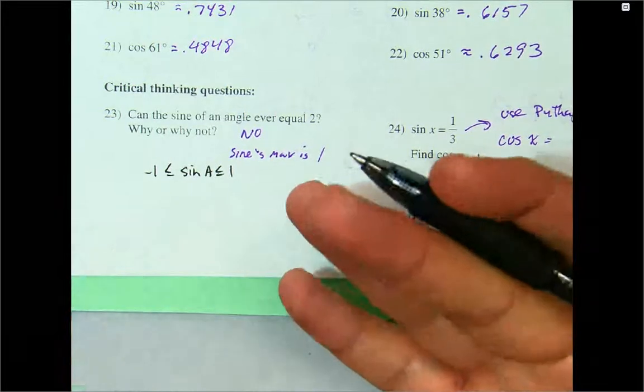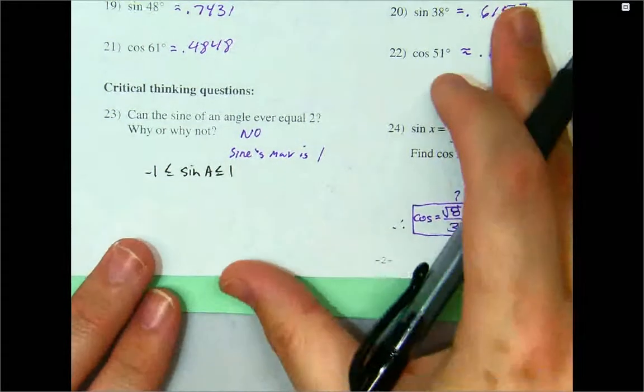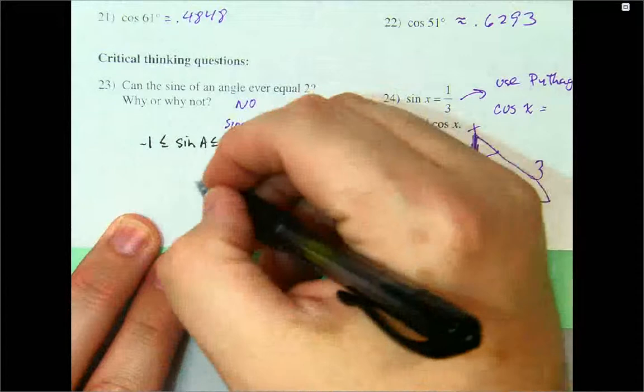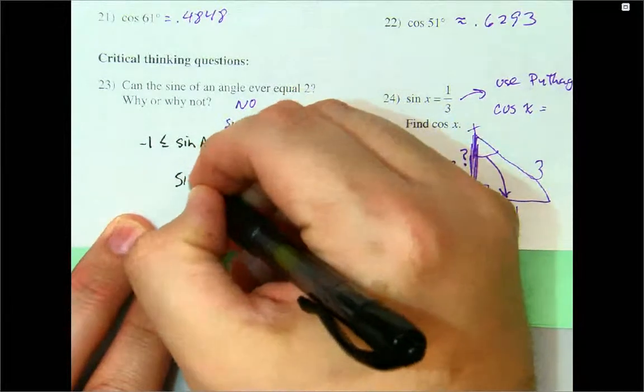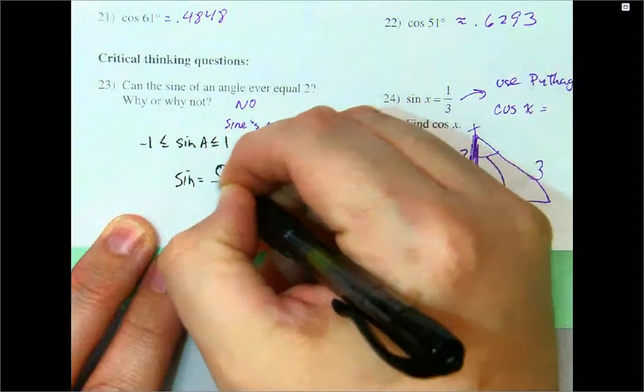But also remember that the sine is equal to the opposite over the hypotenuse. And it's always going to be equal to a smaller side over the largest side.